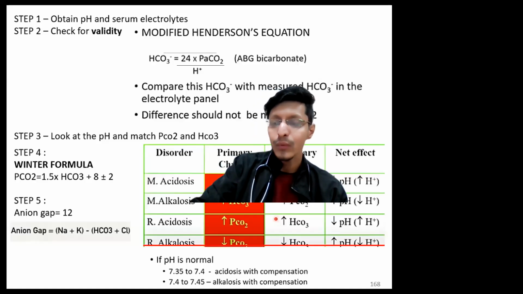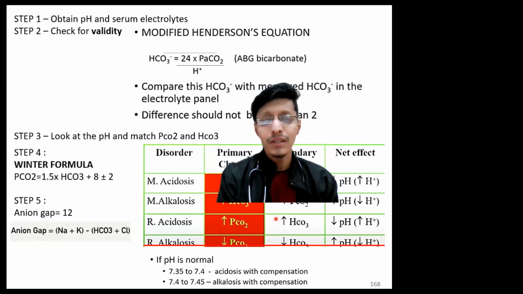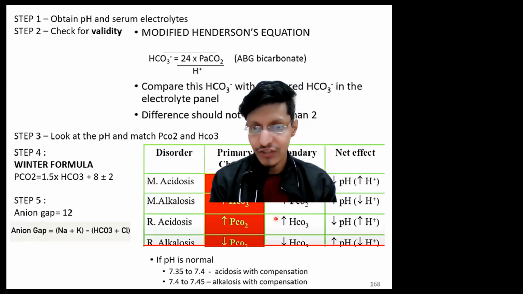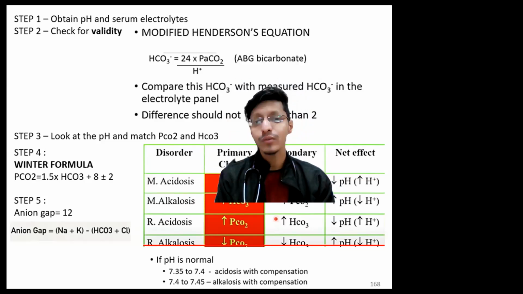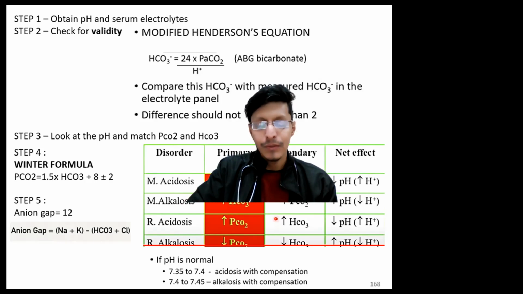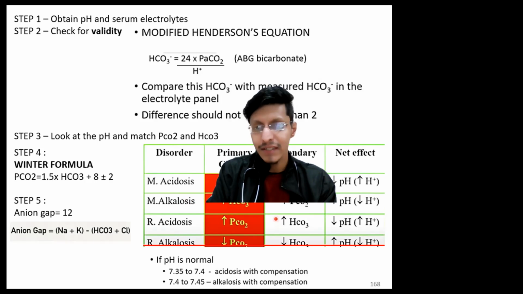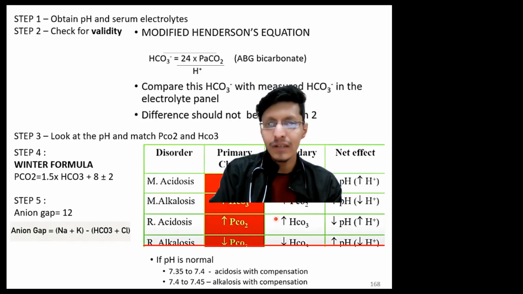Now, how are we going to approach the ABG? First of all, we have to obtain the pH and the serum electrolytes. Why are the serum electrolytes important? Because you have to calculate the anion gap. Then we check the validity, that is, what is expected and what is given to us.